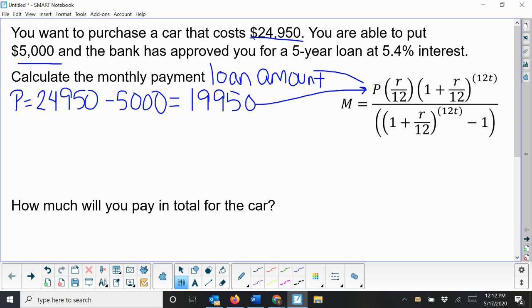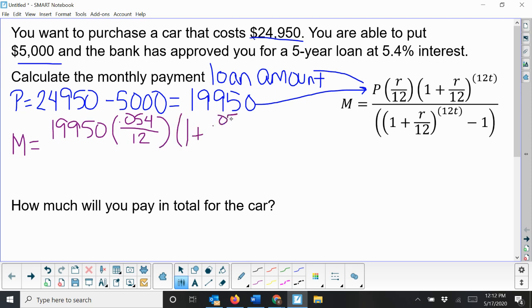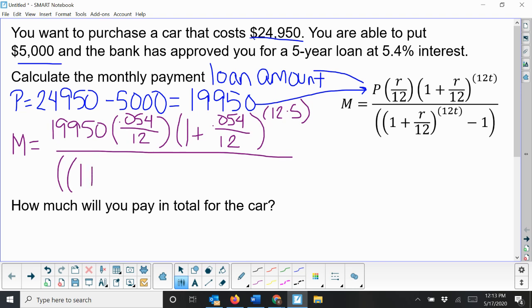That's an important little thing to keep track of. So we're going to go ahead and set up our monthly payment formula. Our principal, remember, is $19,950. We have our interest rate, and then 12, because this is a monthly payment, so it's 12 times a year. Then in our exponent we have 12 times 5, because it is a 5-year loan, and then all over 1 plus our interest rate over 12.